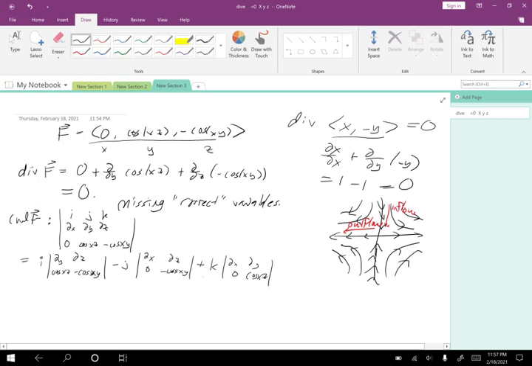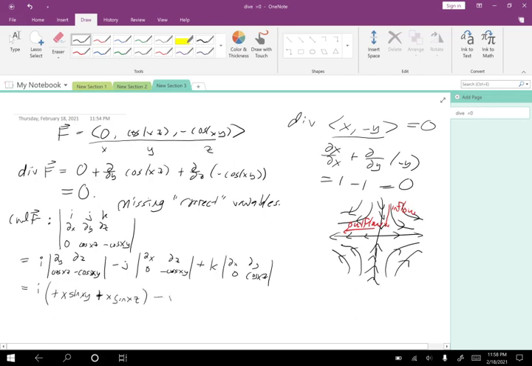So let's just do each term. So this is i times, looks like we're going to pick up a plus. So plus, I think this is x sine xy, and then we'll have a minus, which will get converted into a plus after we differentiate cosine. So I'm going to put a plus there, and then plus x sine xz.